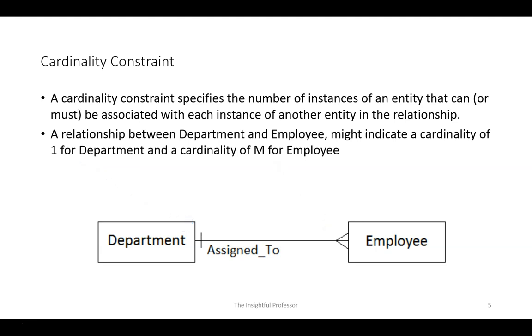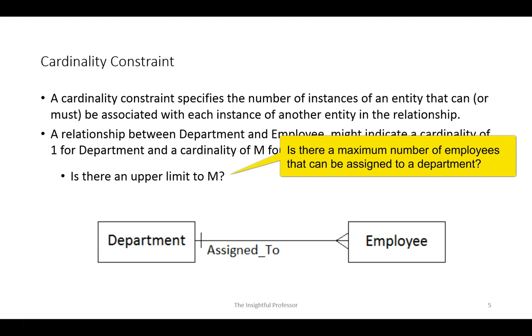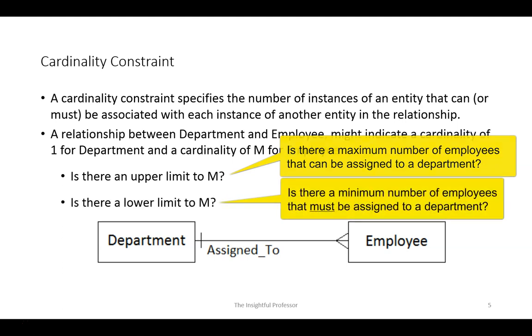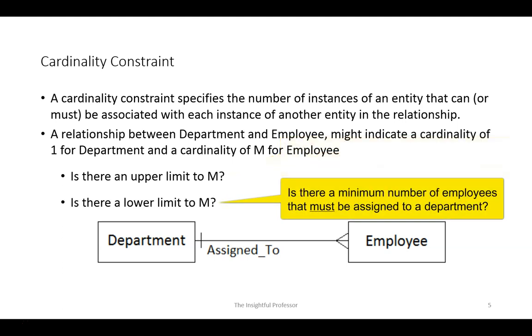The question that we have, though, is there an upper limit to the value of m, to the many? How many employees can be assigned to a department? Is there a lower limit to m? How many employees must be assigned to a department?